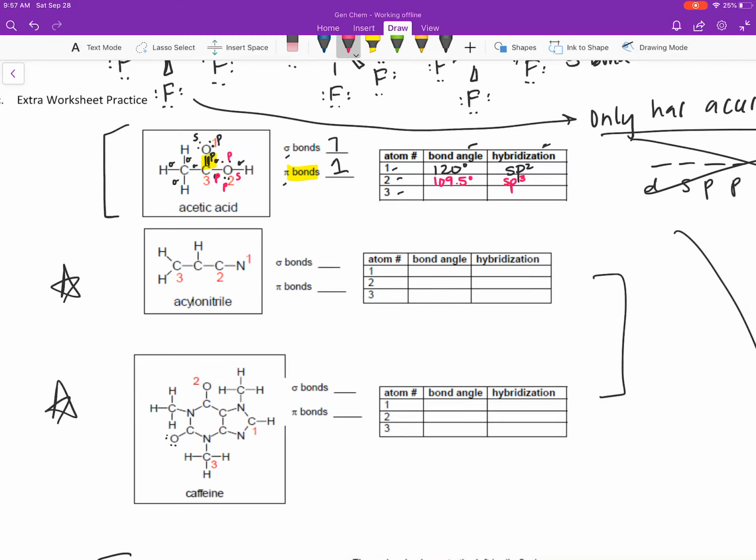Number 3 is this carbon. It is sp2 hybridized because the carbon only has 3 bonding sites occupied. One is a double bond, and then we have 2 single bonds. So when we have sp2 hybridized, we predict 120 degrees.